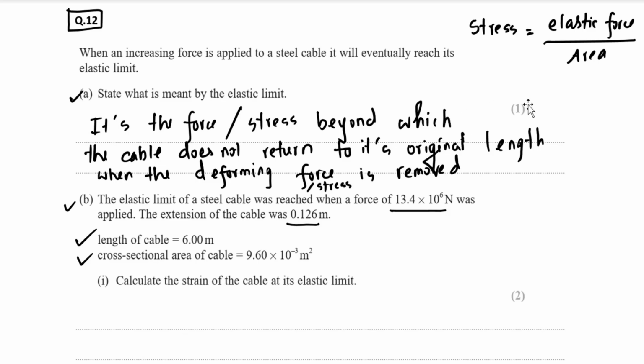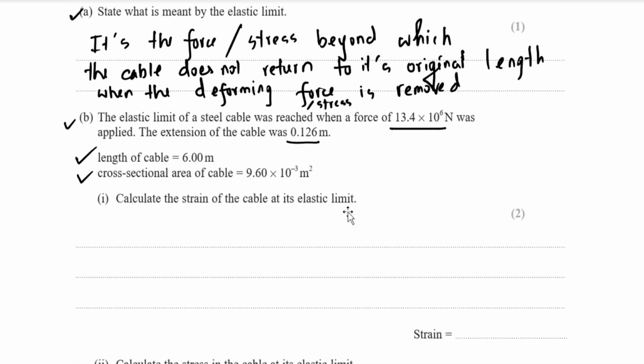Calculate the strain of the cable. It's within elastic limit. Strain. Do you know what is strain? Strain equals change in length divided by original length. So that means extension divided by original length.